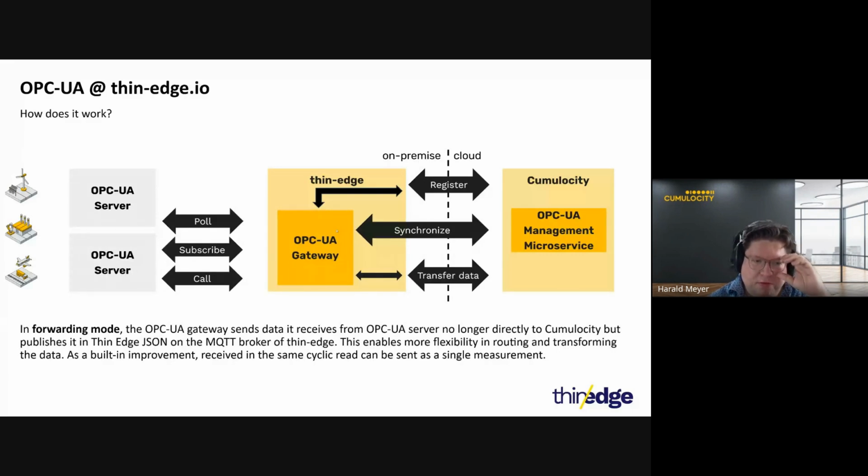And with this new forwarding mode, you can actually bundle multiple measurements that are read in the same cyclic read into a single measurement, like you know in Cumulocity, where you can have multiple fragments and then multiple series in these fragments to have complex measurements that contain multiple data points. So that's something that you can configure separately for your gateway if that is something that you want to do.